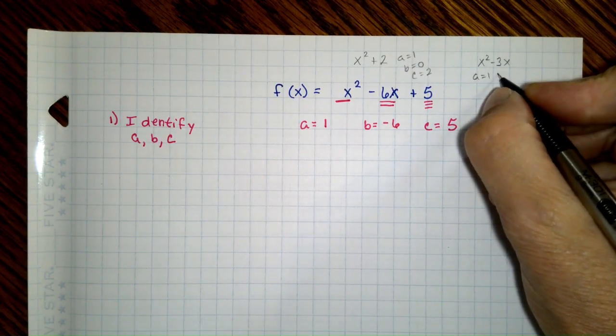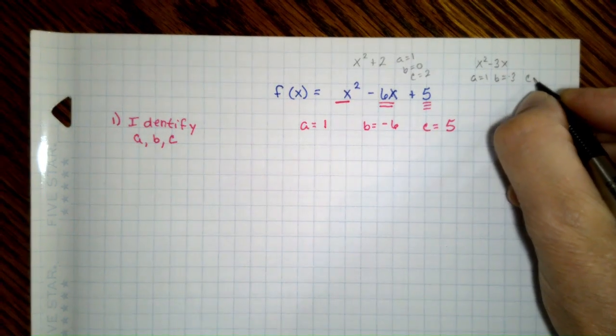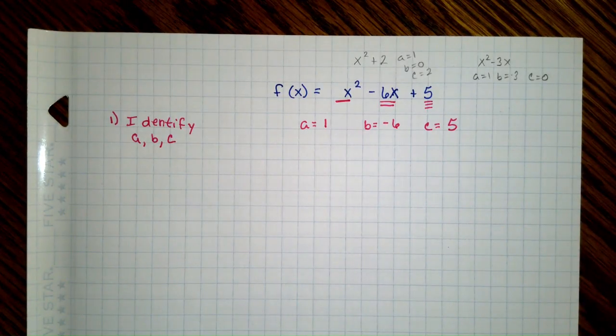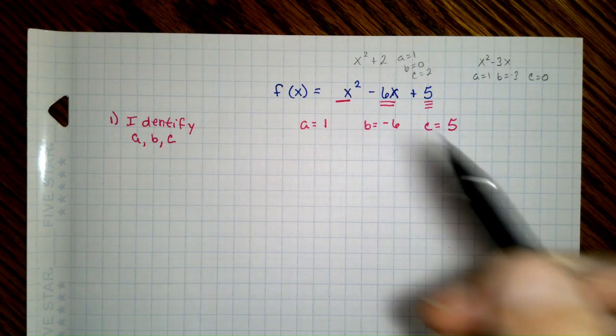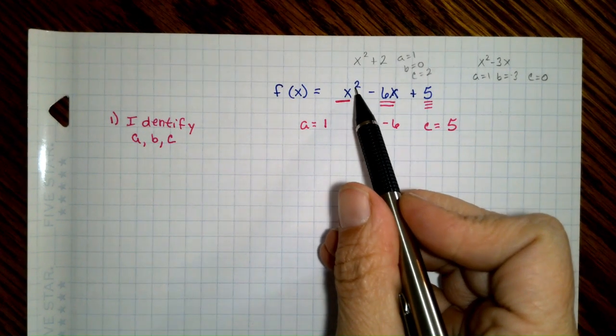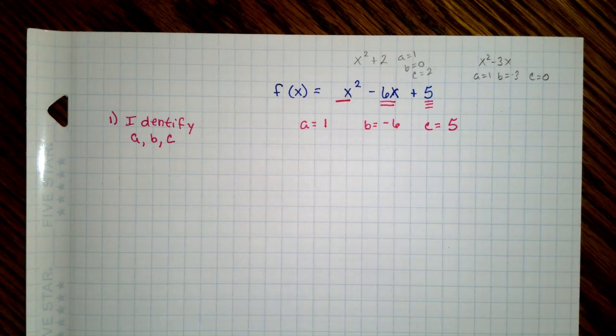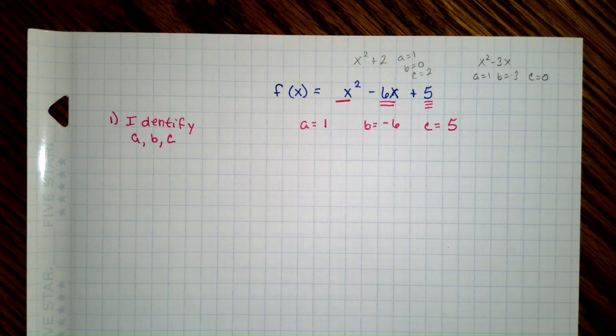Here a would be 1, b would be negative 3, and c would be 0. So it's okay to skip b and c, or to have b and c be 0. A cannot be 0 because we have to have an x squared term. If we don't have an x squared term, it's not quadratic. So quadratic must have x squared.